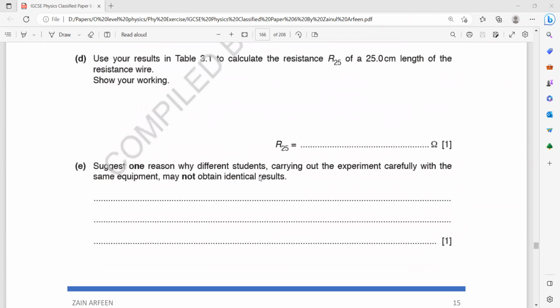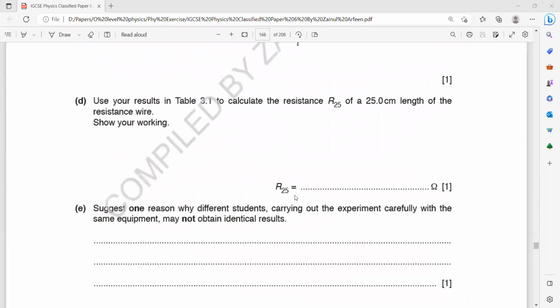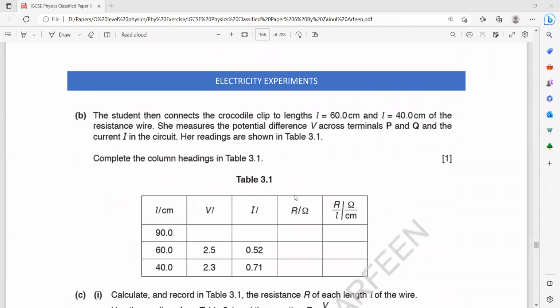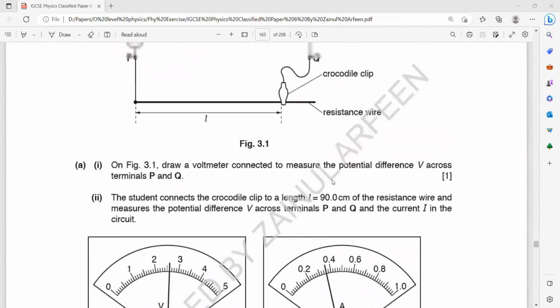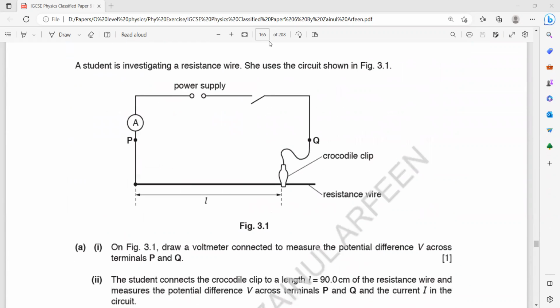Suggest one reason why different students who carry out the experiment carefully with the same equipment may not obtain identical results. For example, student A did the experiment and got 0.08, but student B did the experiment and might get 0.09, another value. Looking at this circuit, can you identify what might be the mistake that leads to different values?